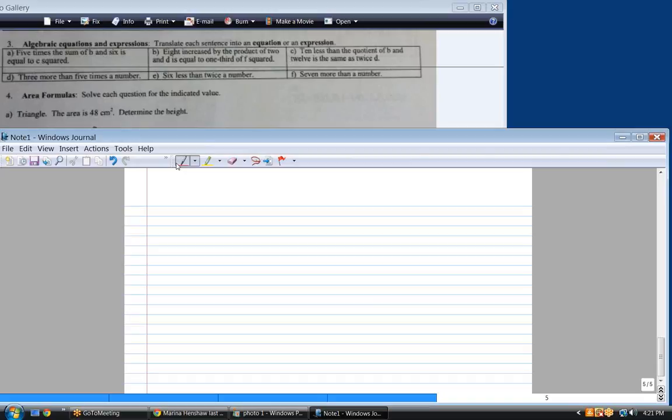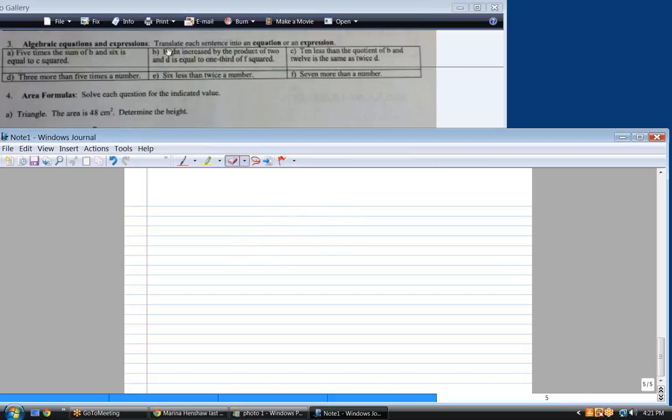Okay, now here's the only place you have to be really careful, is when you see this. And they always word these like this. When you see a word problem that starts out some number less than something else, it is never going to be 10 minus. It's going to be that something else minus the 10.